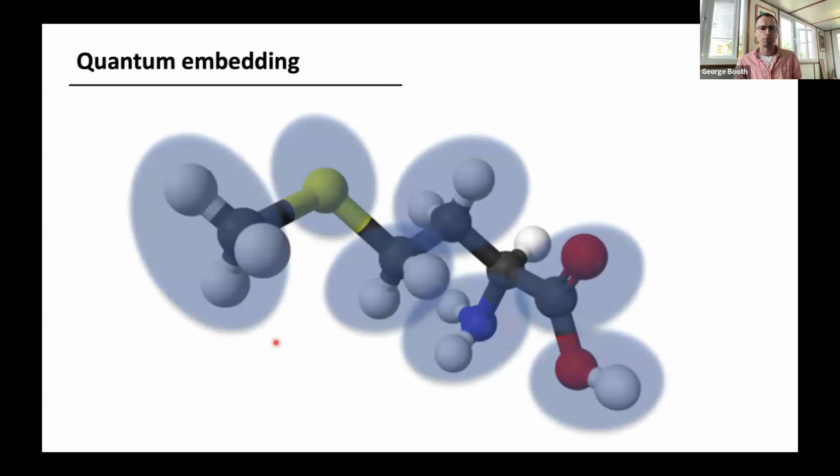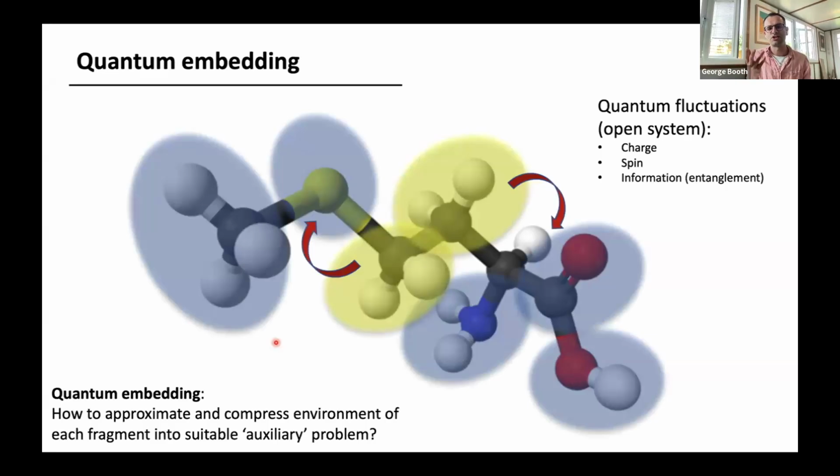But what we want to do in quantum embedding, which makes it distinct from many other forms of embedding where you exploit locality of interactions, is that each of these fragments wants to be an open quantum system. And we want to take into account the true quantum fluctuations that stabilize these fragments, which involve charge fluctuations, spin fluctuations, and, in more general terms, entanglement between these subunits and the environment.